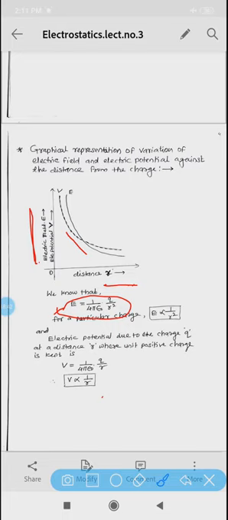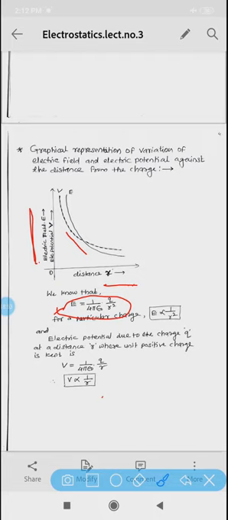Similarly, if we plot a graph of electric potential V against the distance, the nature of the graph is shown by a dotted line.